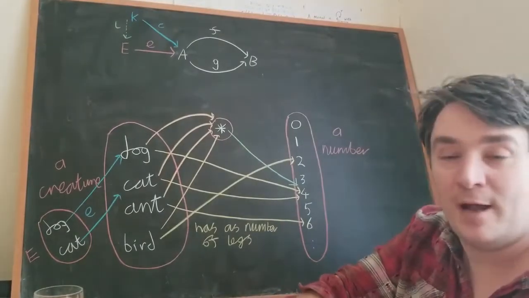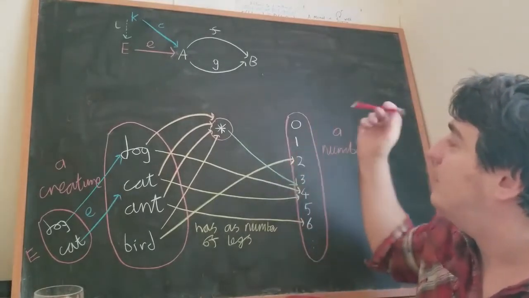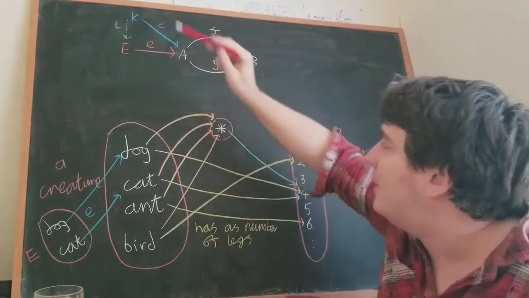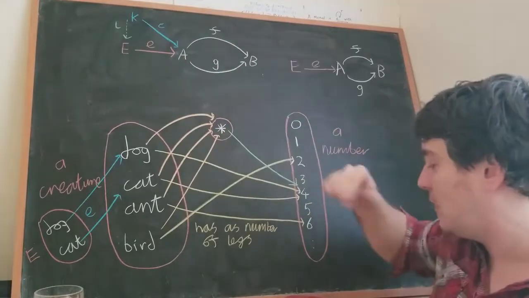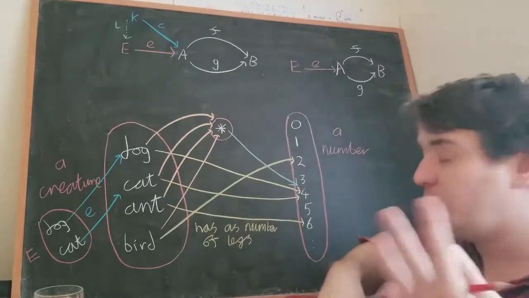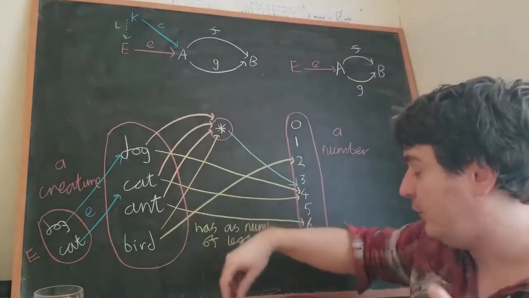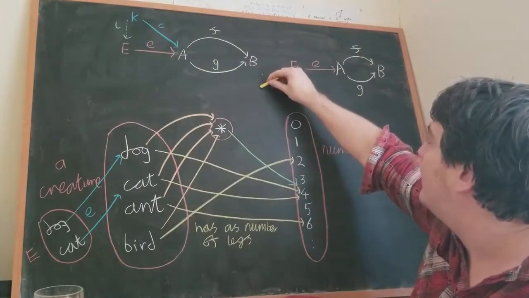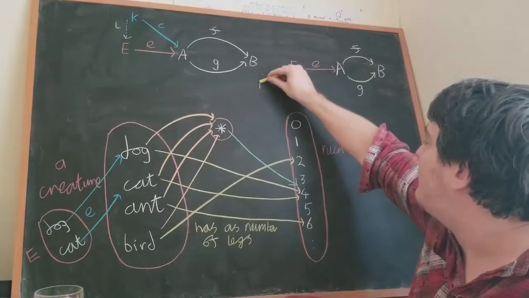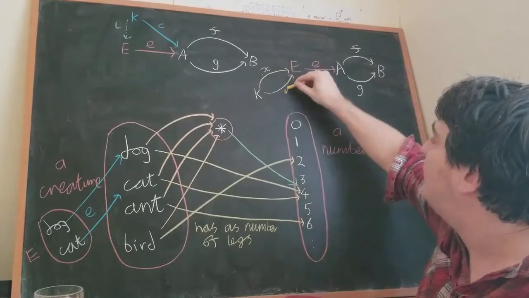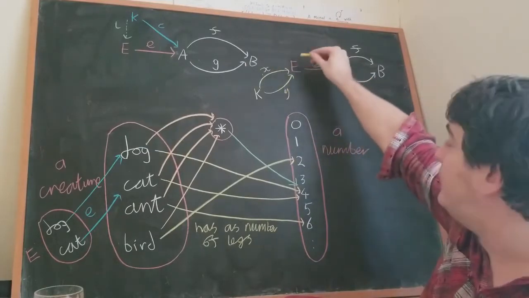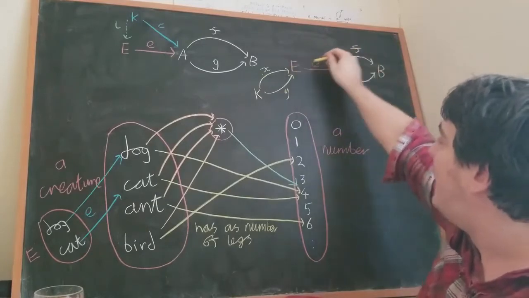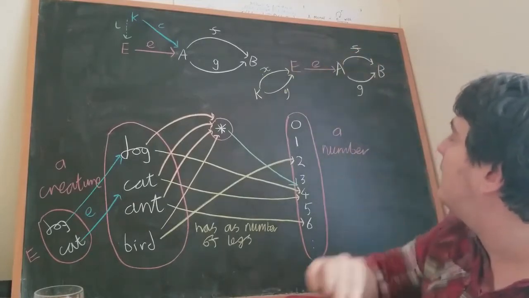So what's the proof idea? How do we know that an equalizer is monic? Well, we do the usual first step when we want to show that something's monic. We suppose that we have a couple of parallel arrows, x and y, into the source of the arrow that we want to show is monic.